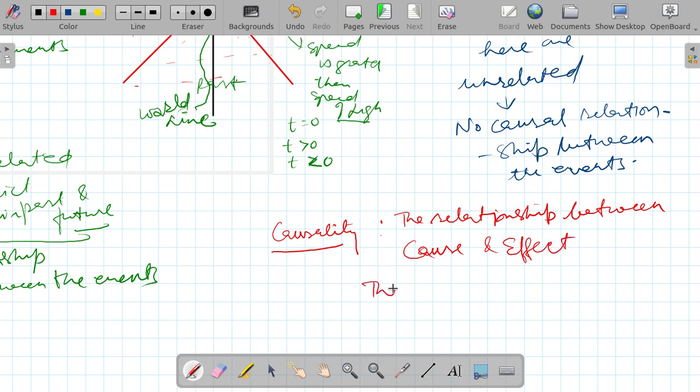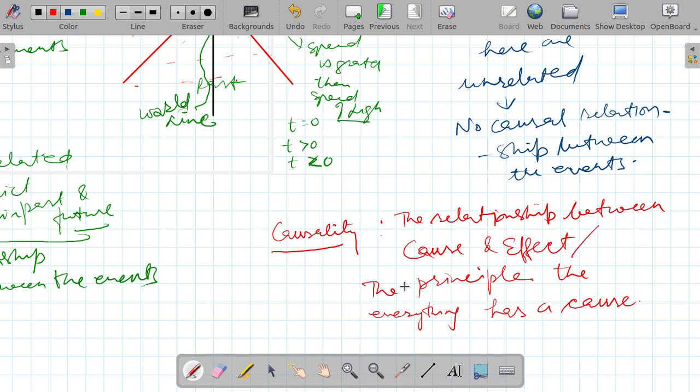Another meaning is the principle that everything which is happening has a cause. These are the two definitions of causality.